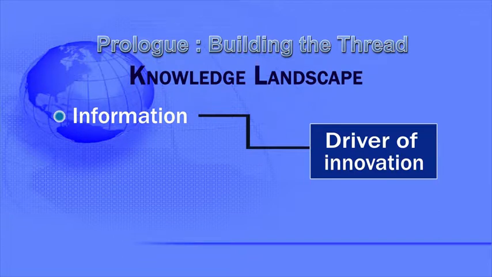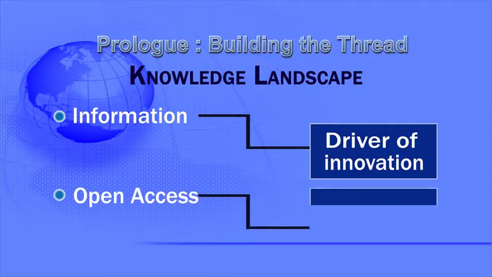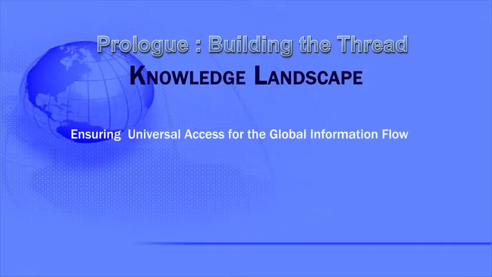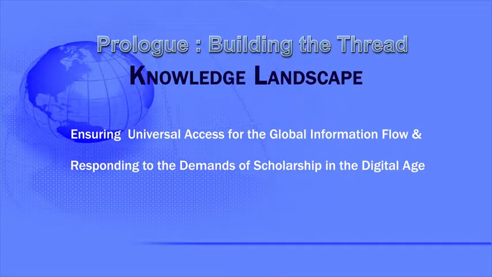If information is the driver of innovation, then I say that open access is the driving force, because it is this open access to resources that bridges the yawning gap between information haves and information have-nots, and ensures a universal platform for universal access to global information, thereby responding to the demands of scholarship in the digital age.